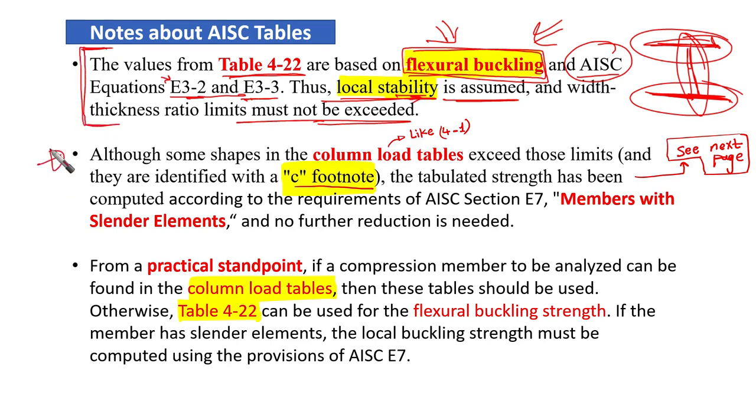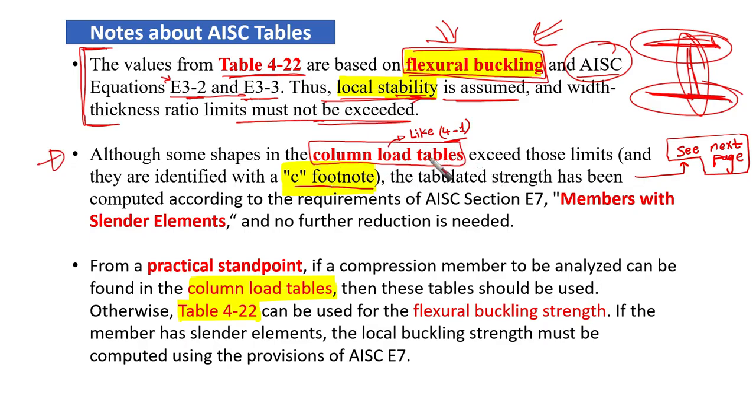Another hint, which is also important: some shapes in the column load tables, we are talking about table 4-1 now, exceed those limits, the limits of the flange and web, which is the width to thickness ratio for the flange, or height to thickness ratio for webs.